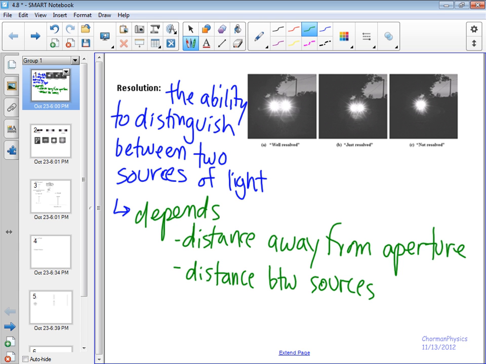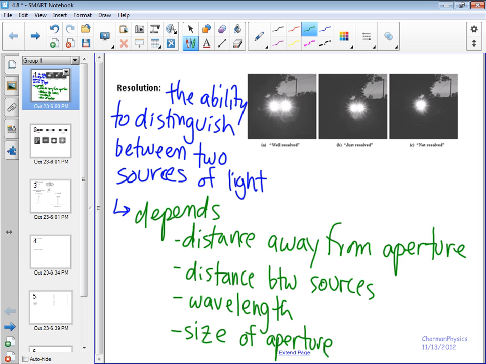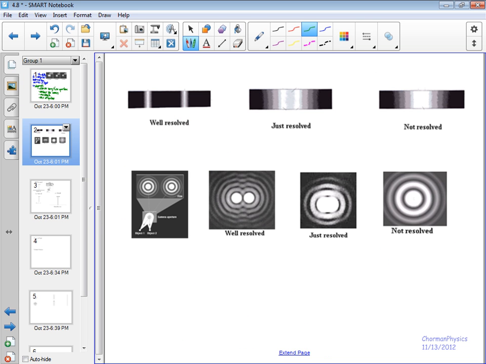If they're really close together, it'll be a bit more difficult to resolve. The wavelength of the light that we are observing, that has to do with the diffraction through the aperture, and the size of the aperture, of course. Again, dealing with the diffraction that occurs, therefore the interference.